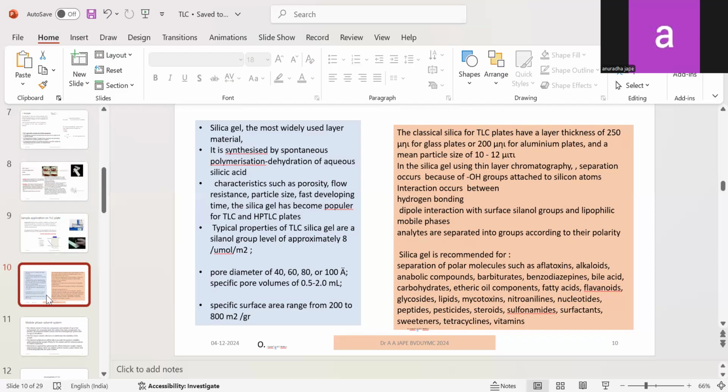So these hydroxyl groups are going to have interaction with the analyte molecules, their functional groups.